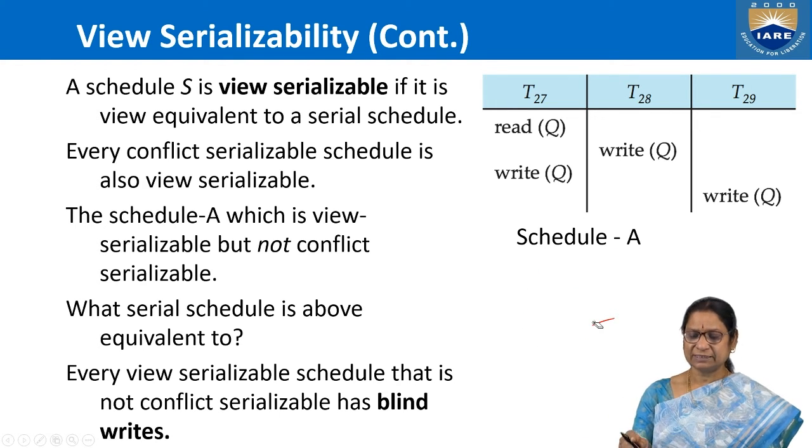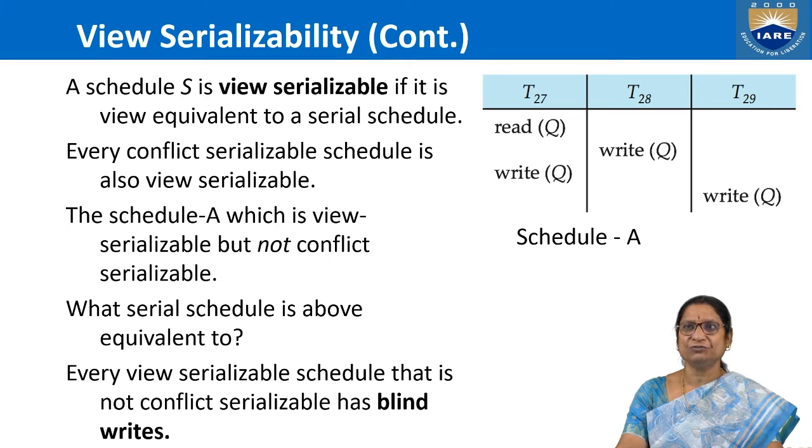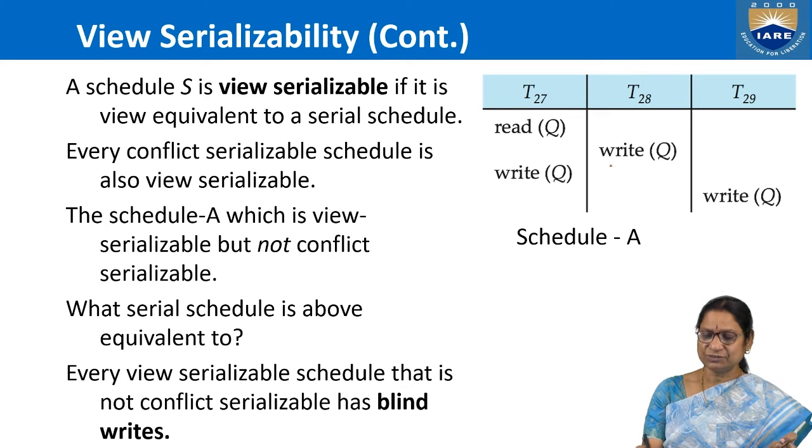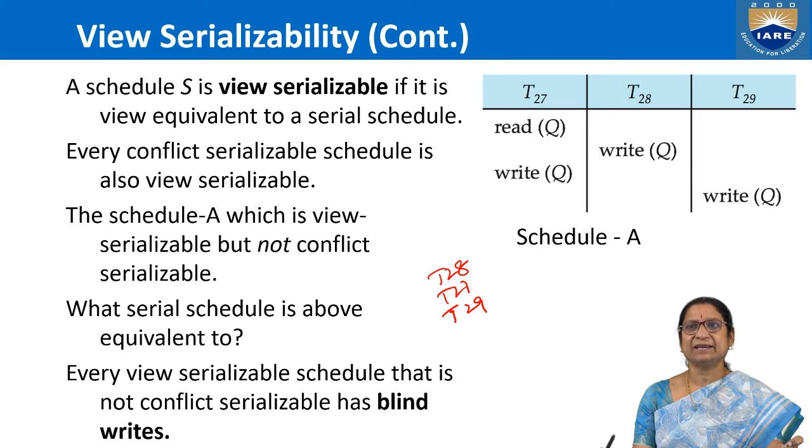So this concurrent schedule is equivalent to the serial schedule of order T28, T27, T29. That is a view equivalent schedule. That's why the given schedule is view serializable, to the serial schedule T28, T27 and T29. It is satisfying these three conditions.